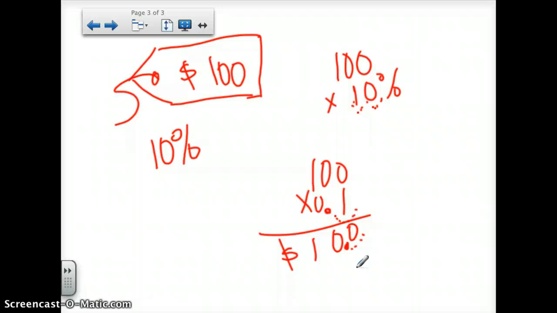Maybe it was a stereo. How much would my stereo cost? I think that stereo would cost about $100. Well, but it's 10% off, so we need to take off this $10. We're taking it off of 100. What's 100 minus 10?